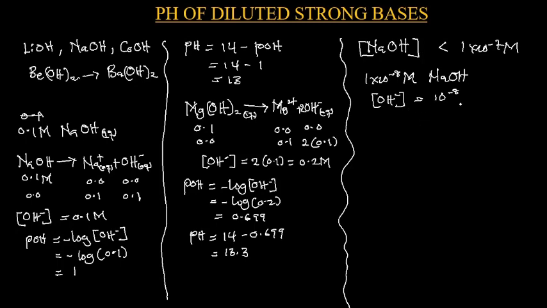The pOH is going to be negative log of the OH minus concentration, so negative log of 10 exponent minus 8, and this will give us a pOH of 8. And so pH is going to be 14 minus 8, which will be equal to 6.